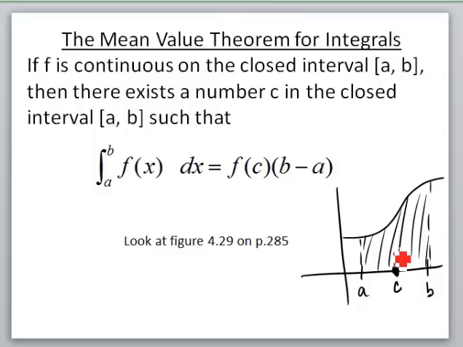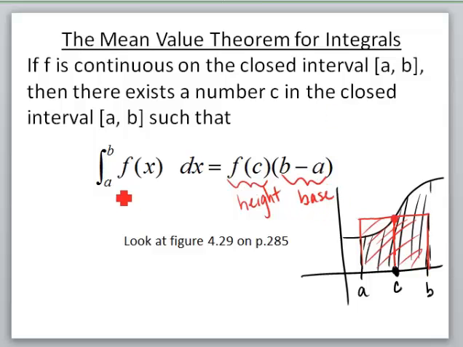Okay, so if I come up here, some value of C, maybe I'll do that in red. And I draw a line across and then down, and I'm going to shade this other area in red. So the area in black would be equal to the area in red at some point for C. This F of C is the height of the rectangle, and then this is the base of the rectangle.